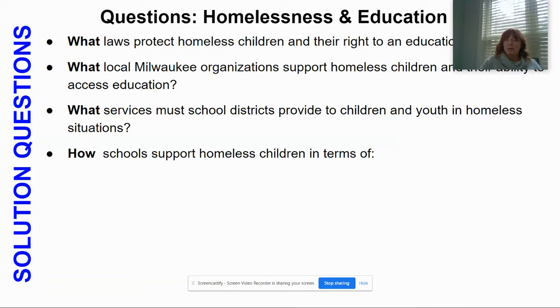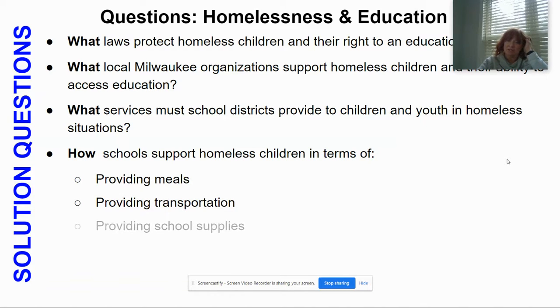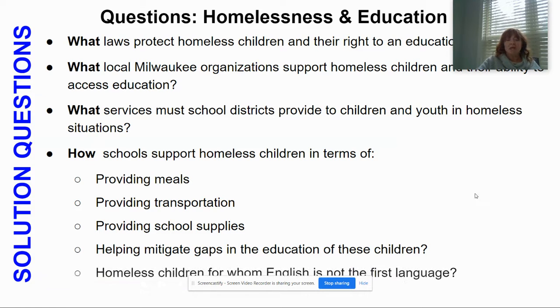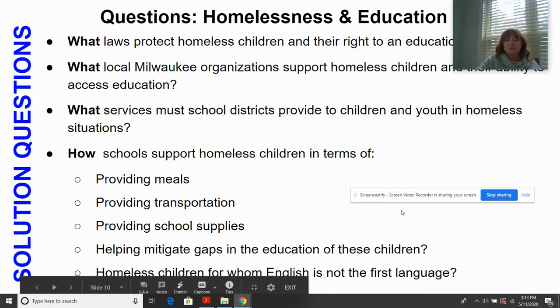How must schools support homeless children in terms of meals, transportation? These are the two big things I just mentioned. Providing school supplies, helping mitigate or lessen the extent of the gaps in education of these children. Remember, if these kids are changing schools, some more than 3 times in the course of a school year, they're going to have huge gaps in their education. How are we supporting children for whom English is not the first language spoken?